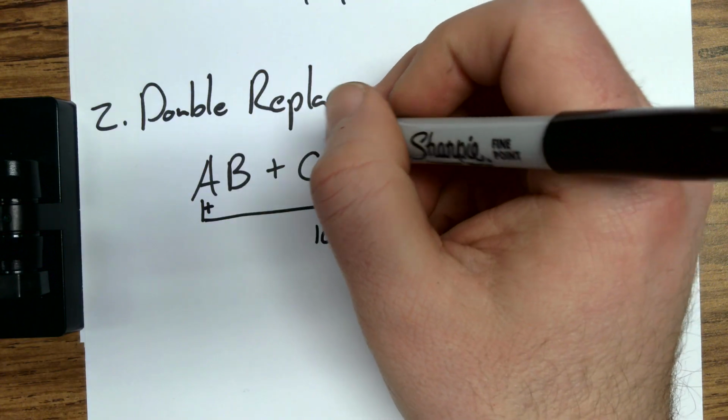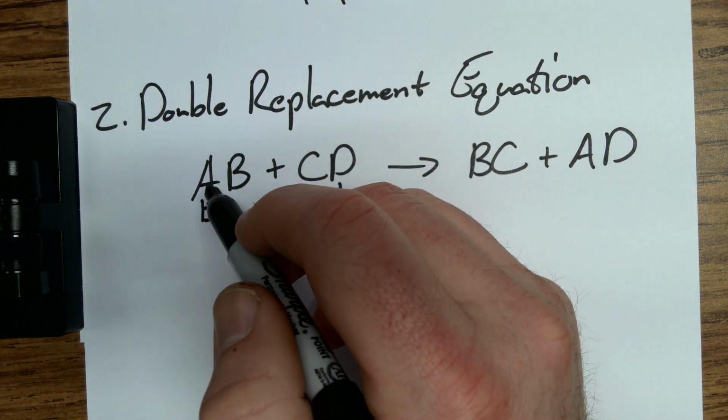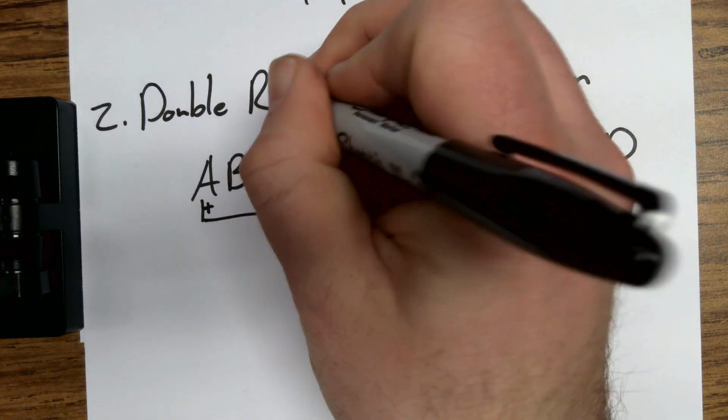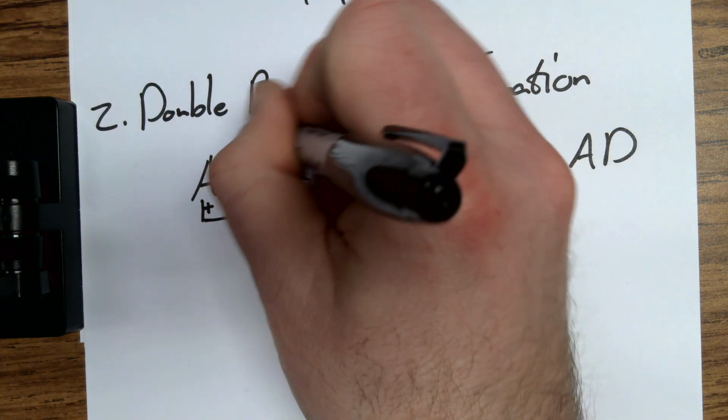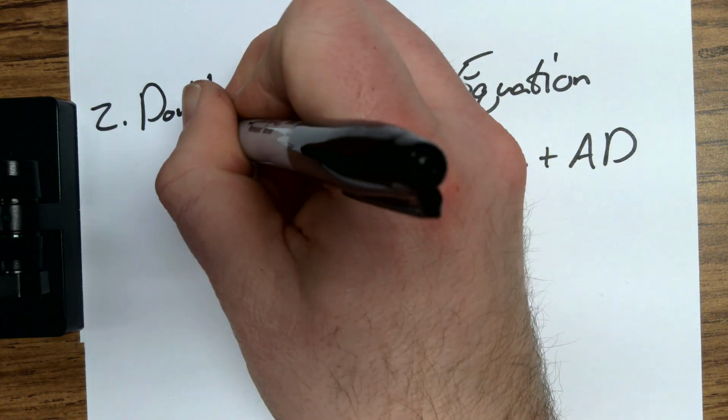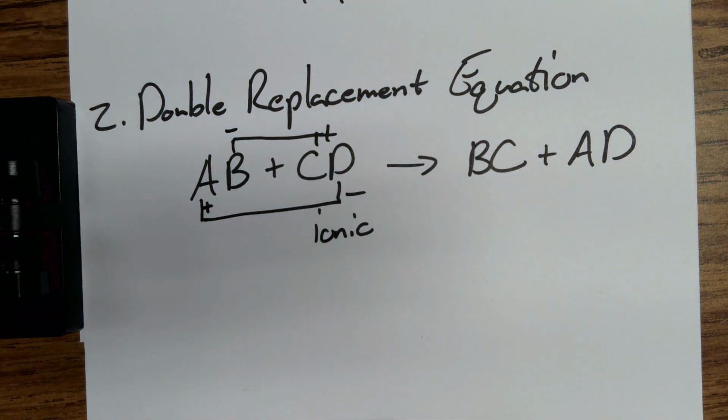Because in an ionic compound, you always write the cation first, followed by the anion. B will always go with C. Why? Because C is positive and B is negative. This is the pattern we're going to see over and over and over again.